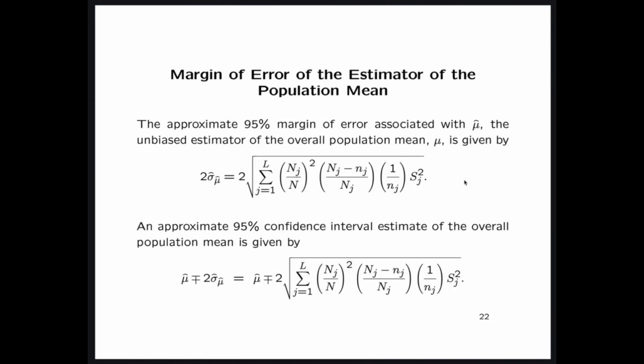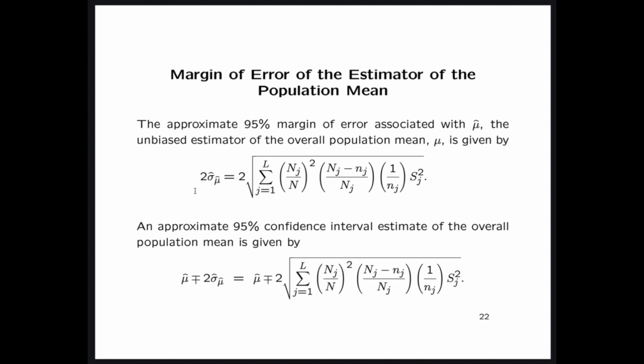Once we have the estimated standard error of mu hat, we can multiply that by 2 to get the approximate 95% margin of error associated with mu hat, the unbiased estimator of the overall population mean, and that is given by this expression here.